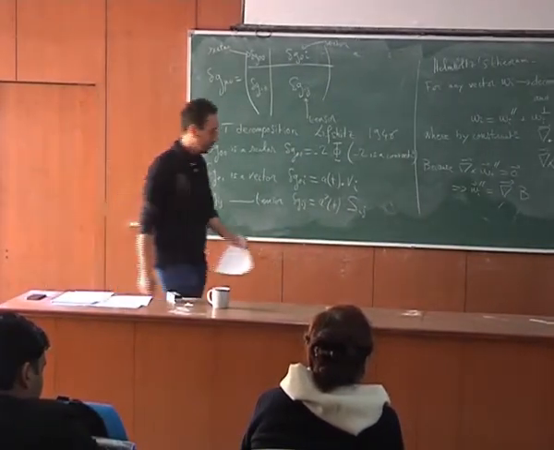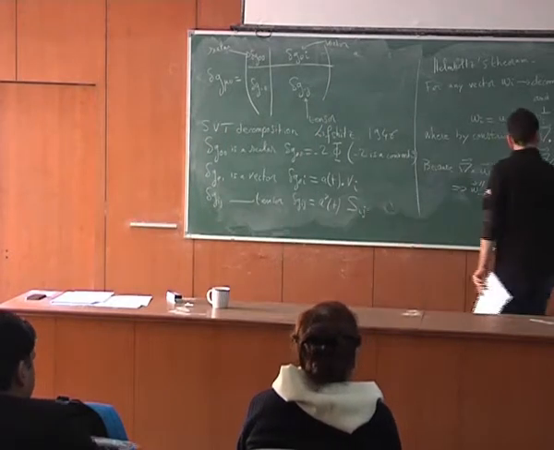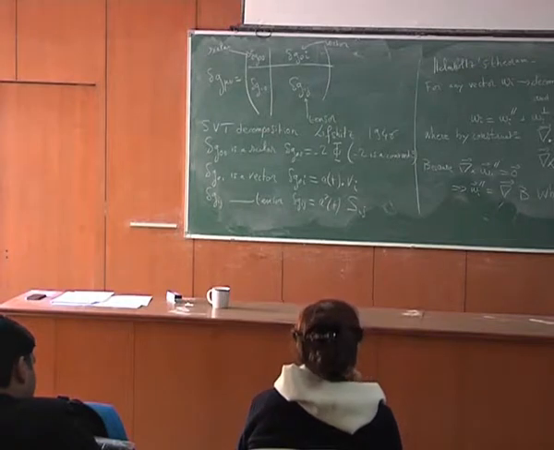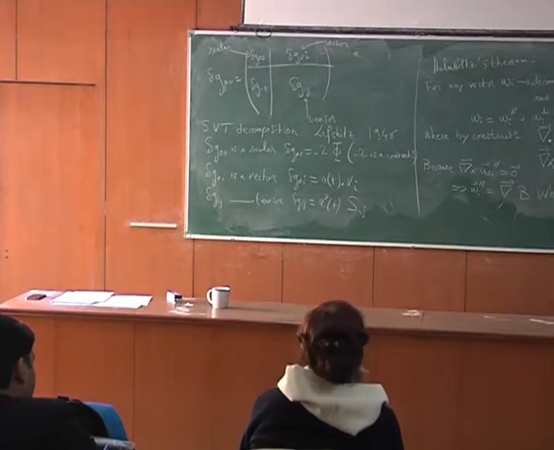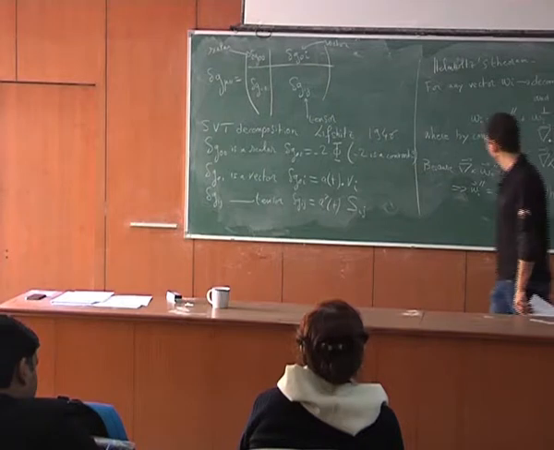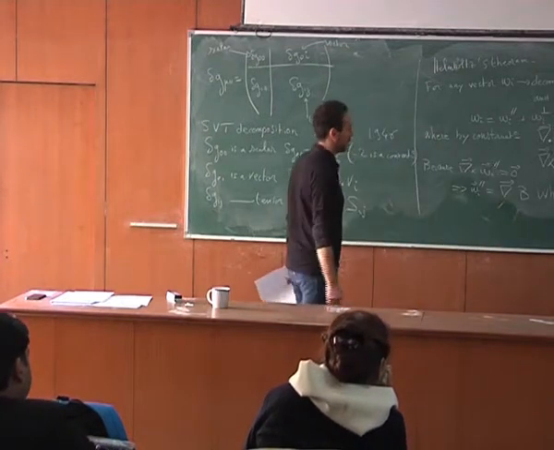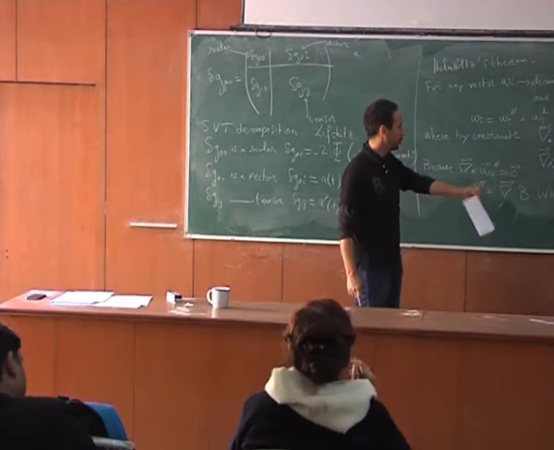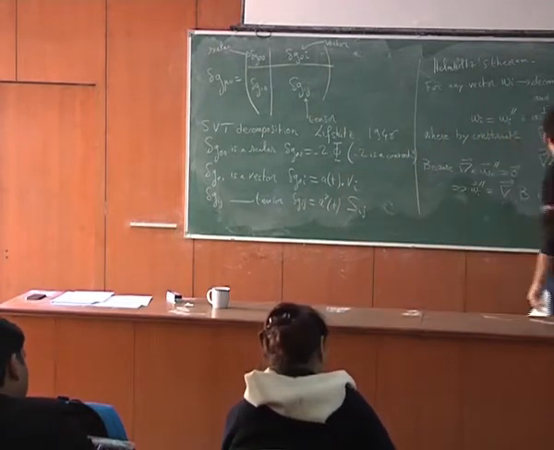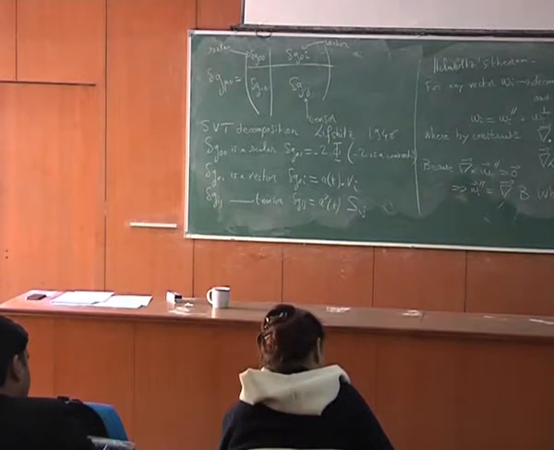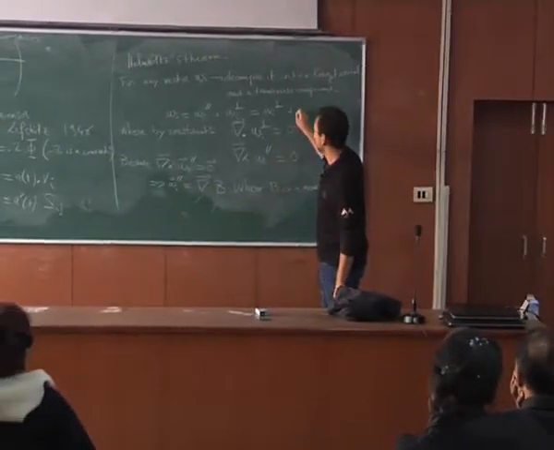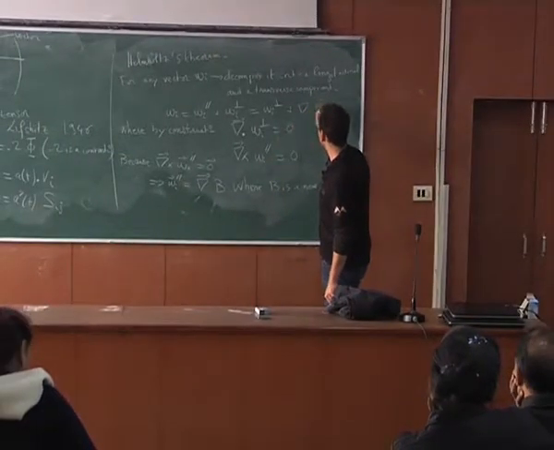So we say, where B is a new scalar, that our object here you can always decompose into one orthogonal part, which has a divergence equal to 0, and the other one you can write as the divergence of some scalar.